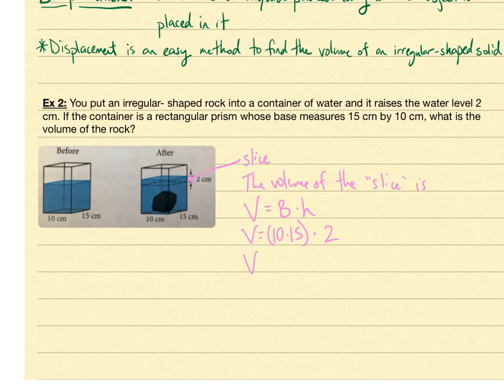When I multiply those numbers together, I end up getting 300 centimeters cubed. The irregular shaped rock has a volume that's equal to the volume of that water that's displaced, so the rock's volume is the same. It's also 300 centimeters cubed.